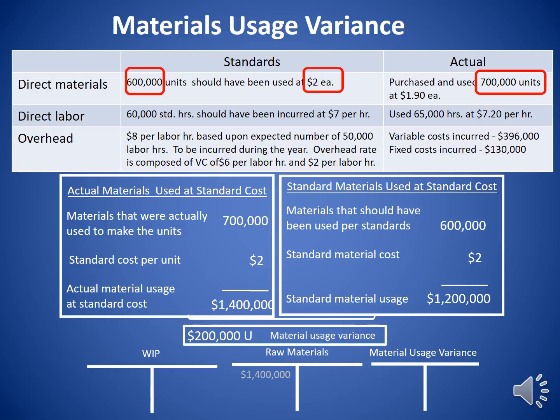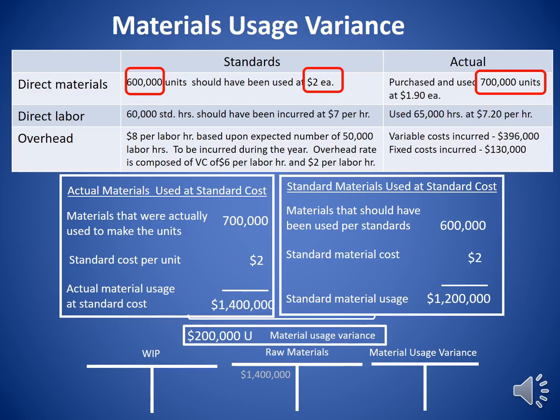So the value of the materials that should have been used at standard was $1,200,000. The comparison of the actual materials versus the standard materials used was a total of $200,000, and since we used $200,000 more actual materials than we had expected, we end up with an unfavorable variance of $200,000.